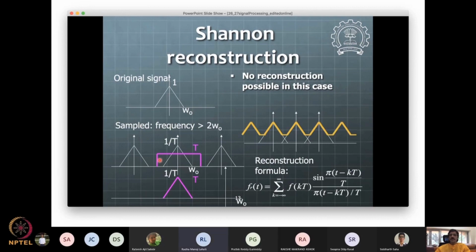The Bode plot. Exactly. It's like a Bode plot of a system. So this filter is nothing but the Bode plot of the transfer function of that filter. The frequency domain response of this filter is nothing but the Bode plot of that filter.